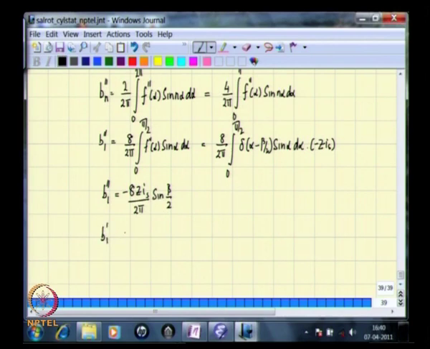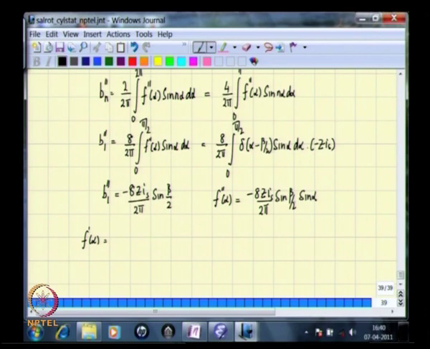So which means essentially f double dash of alpha, looking at the fundamental component alone, can be written as minus 8 ZIS by 2 pi sine beta by 2 into sine alpha, and we want to find out then f dash of alpha, that is the fundamental component of the first derivative function.